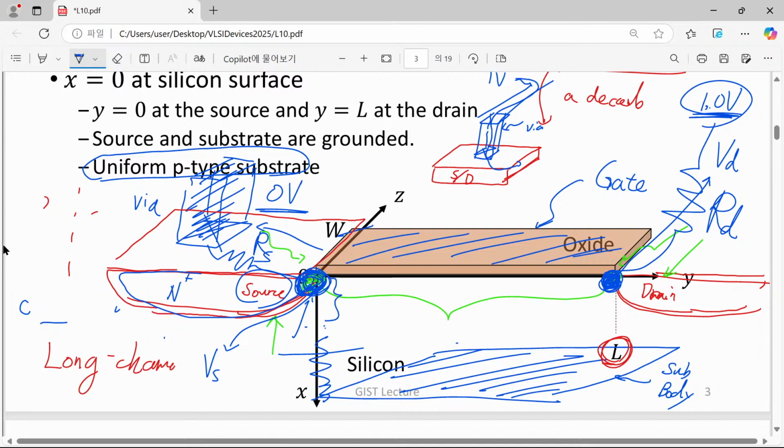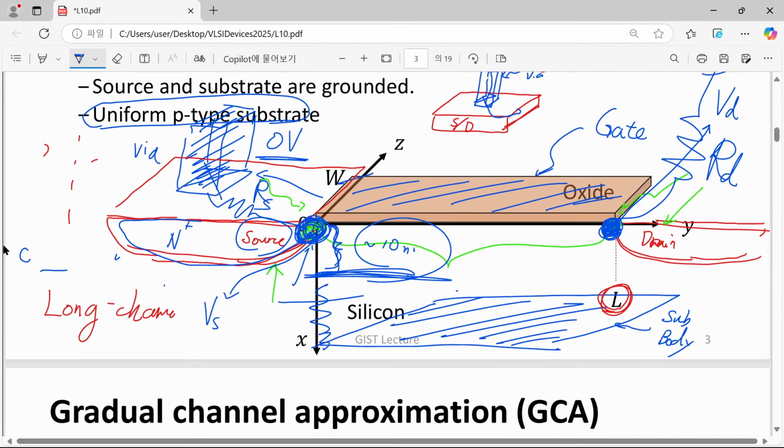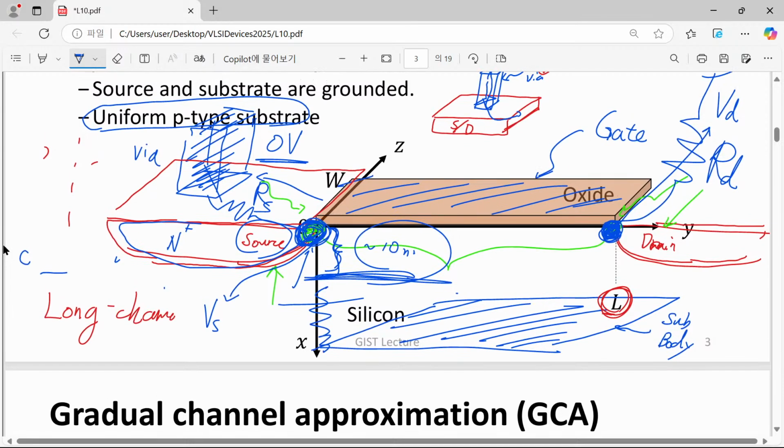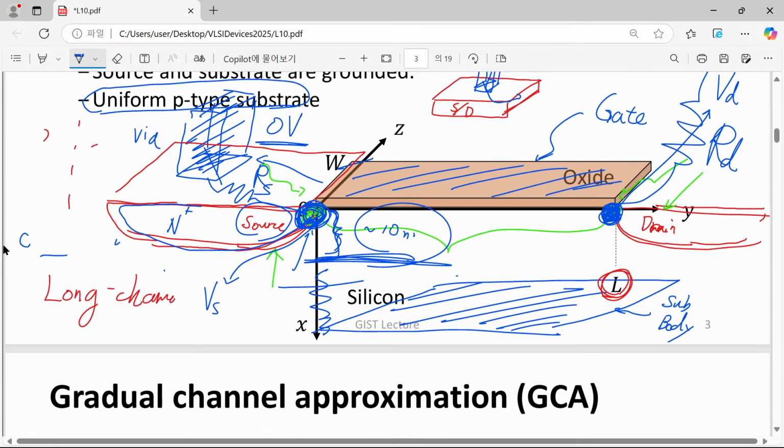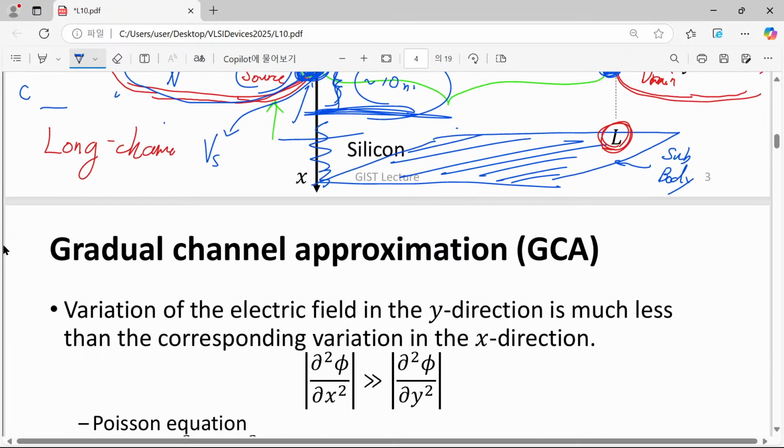So here we only need something on the order of several tens of nanometers. That kind of length scale is important for us to determine the threshold of our transistor. So we will use this uniform p-type substrate.